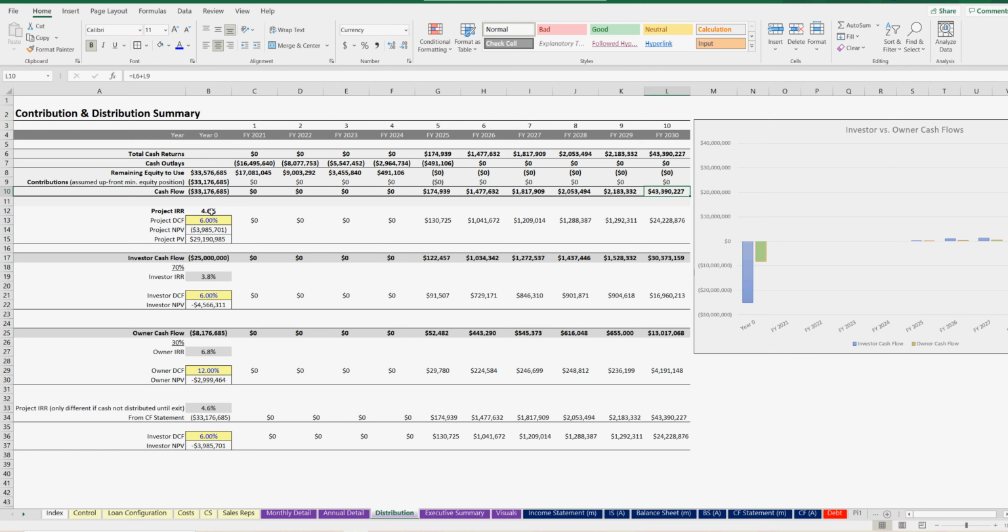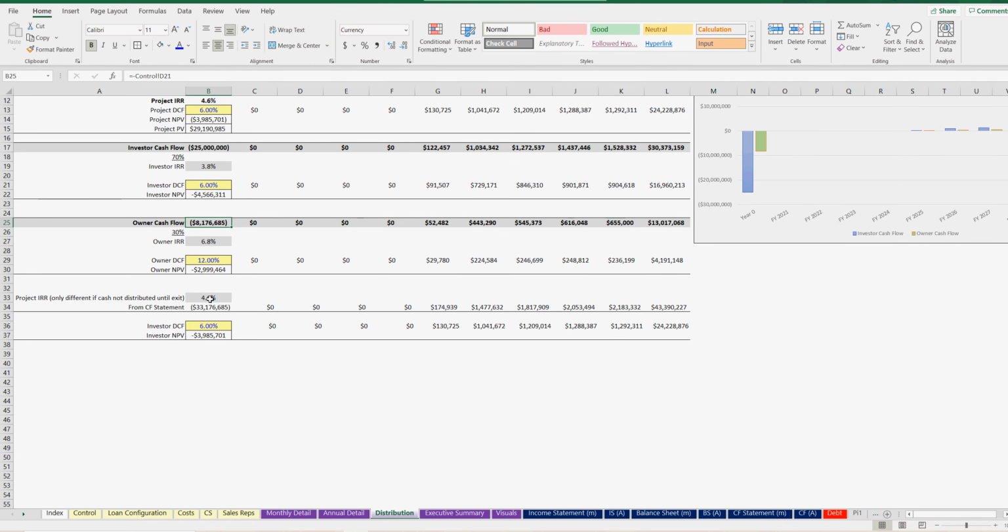You can see the project internal rate of return, discounted cash flow analysis, net present value, based on the discount rate. Also, based on the percentages defined, you can see the investor and owner cash flows and their discounted cash flow analysis as well.